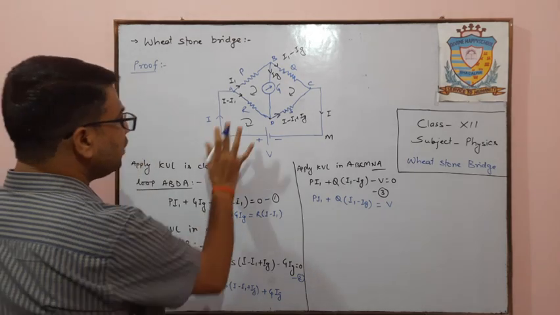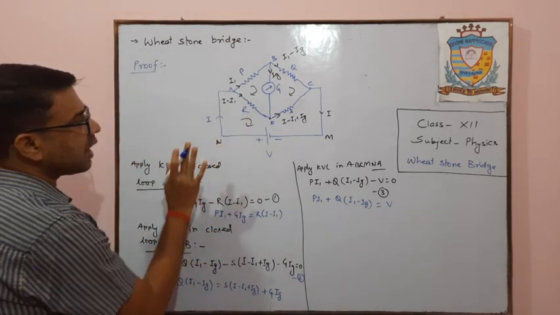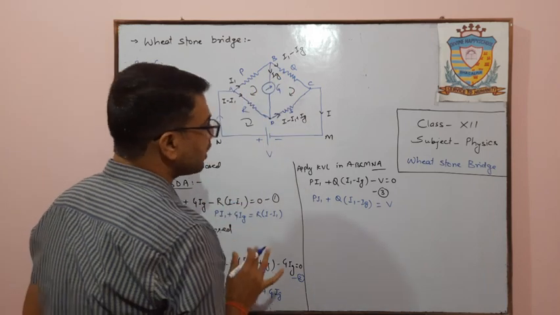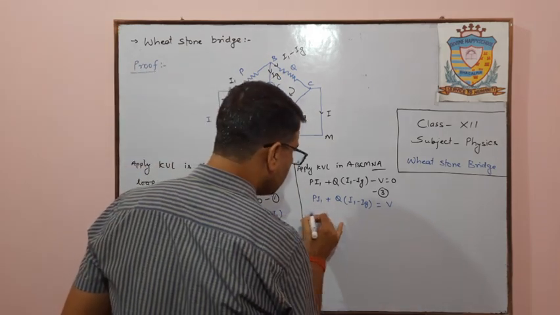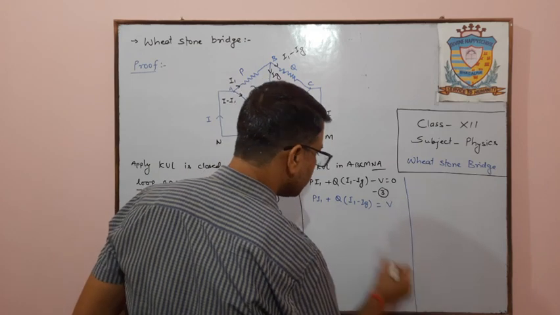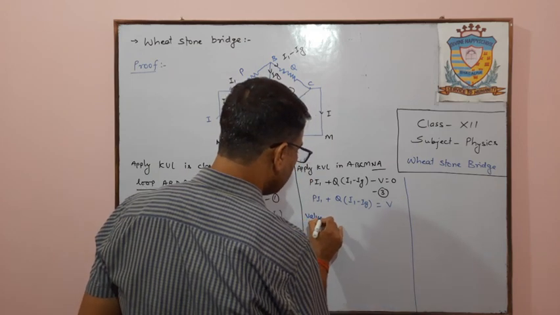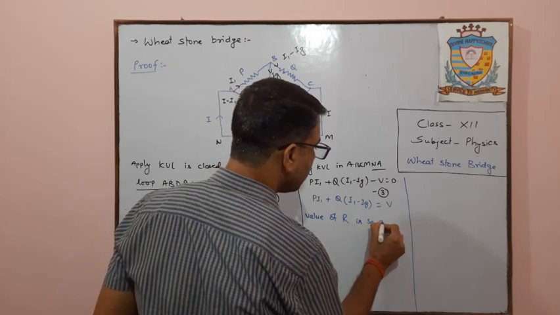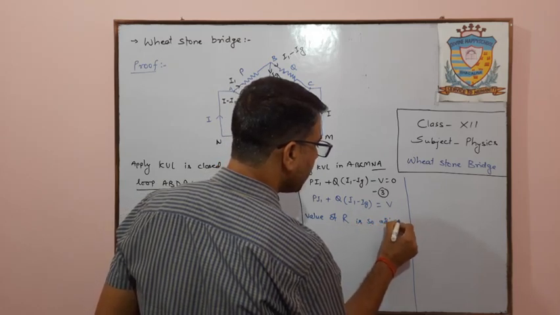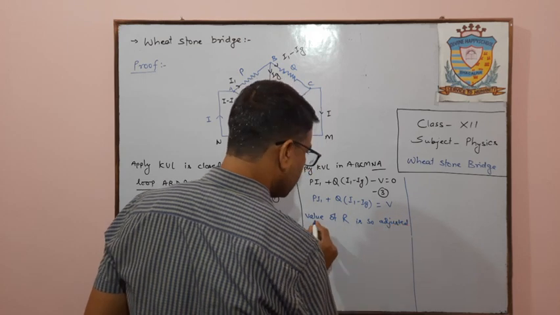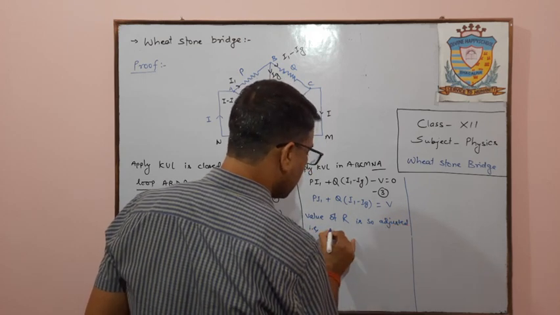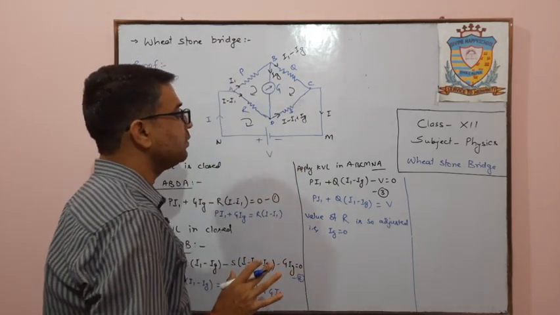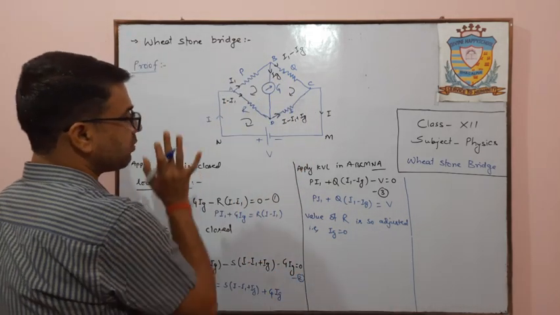Now, value of adjustable resistance R is so adjusted that the current Ig becomes 0, because this is a variable resistance.